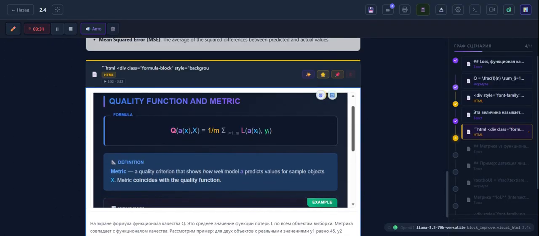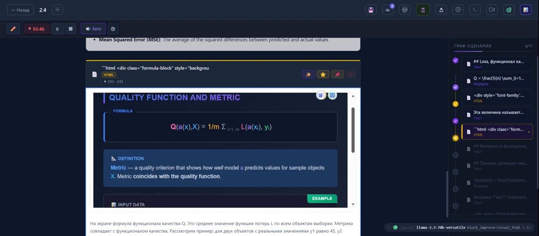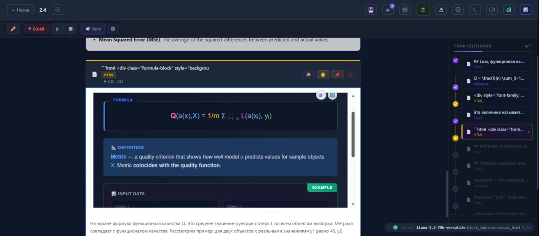Again, metric, a quality criterion that shows how well the model predicts values for sample objects X. Metric coincides with the quality function.